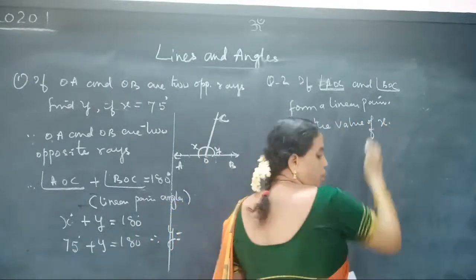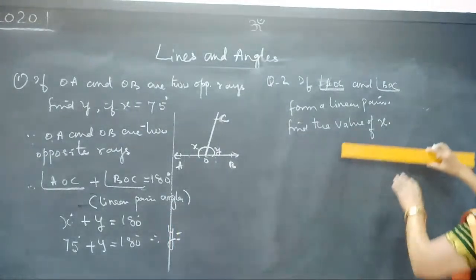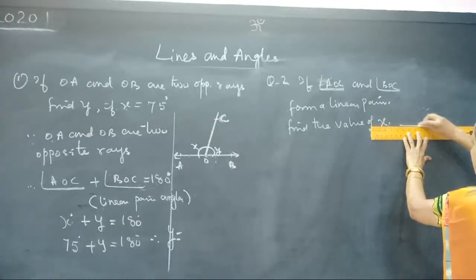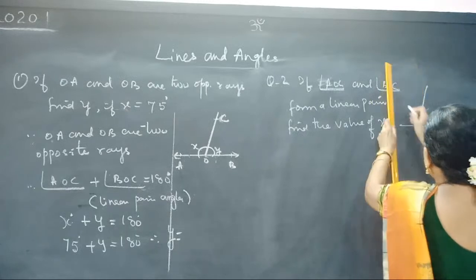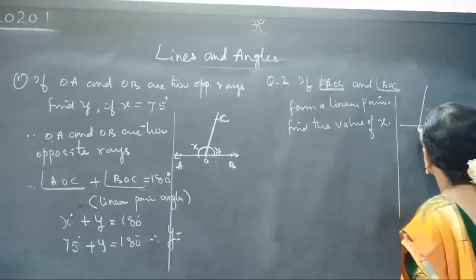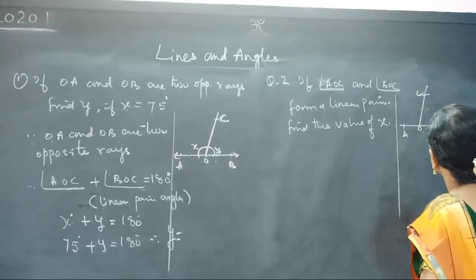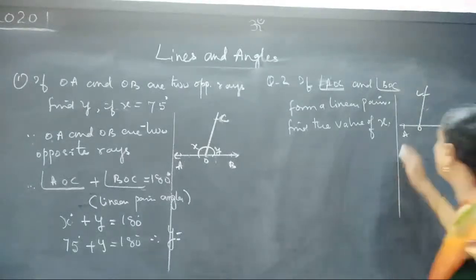Find the value of x. Here is the figure. It is given figure. Shall I write here? Are you able to see? In the working column. It is given 4x and 2x.